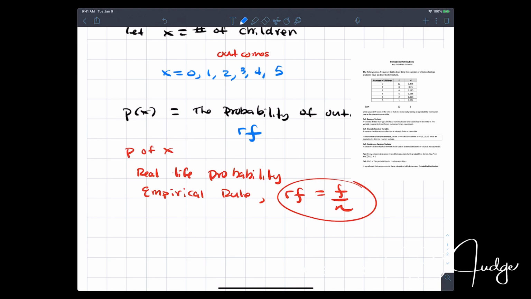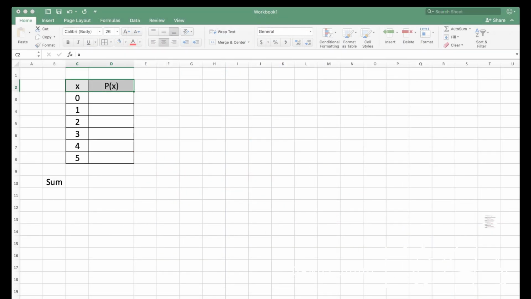So going back to Microsoft Excel, let's read this now. Let's go to Excel and say, okay, what was the first relative frequency, ladies and gentlemen? If you look at this, wasn't it point what? 375.